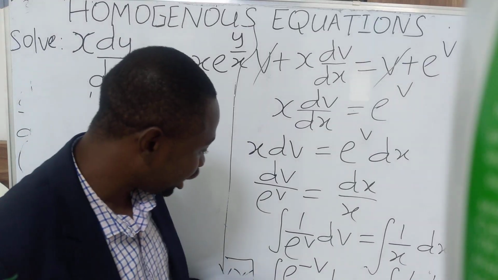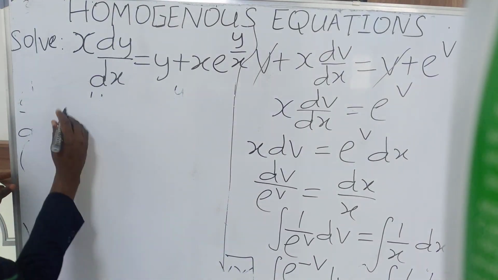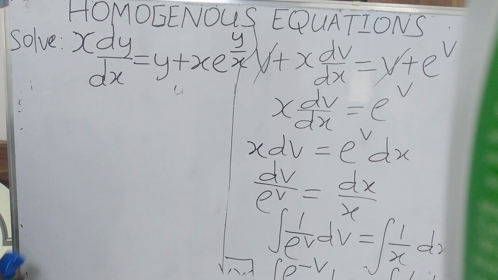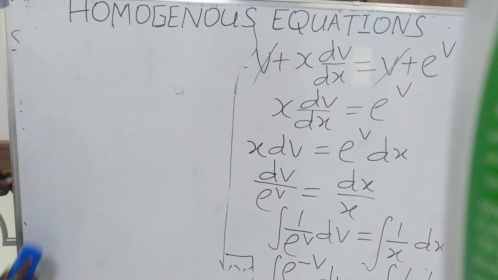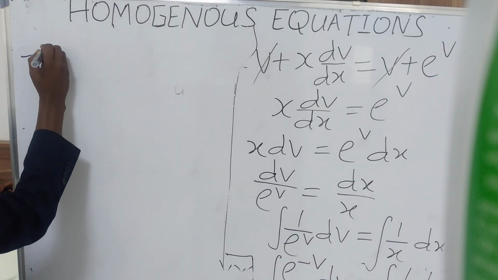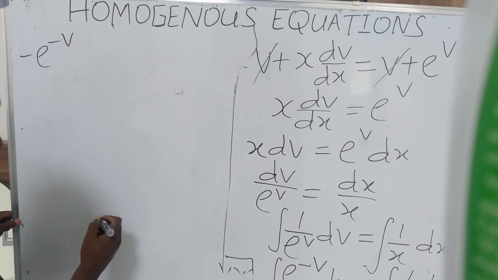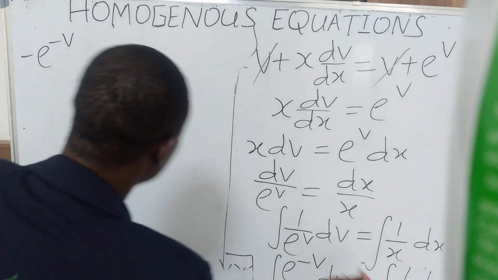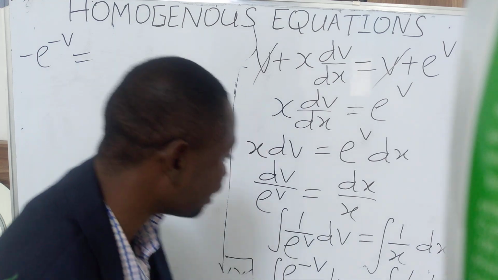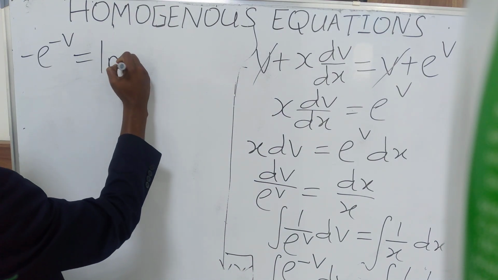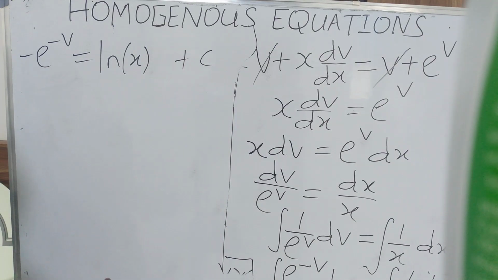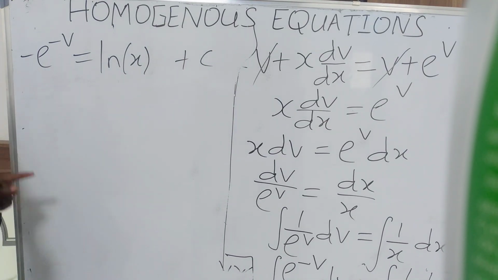So if I integrate exponential to the power minus v, I'm going to have minus exponential to the power minus v is equal to, if I integrate 1 over x, I'm going to have ln x, then plus c.